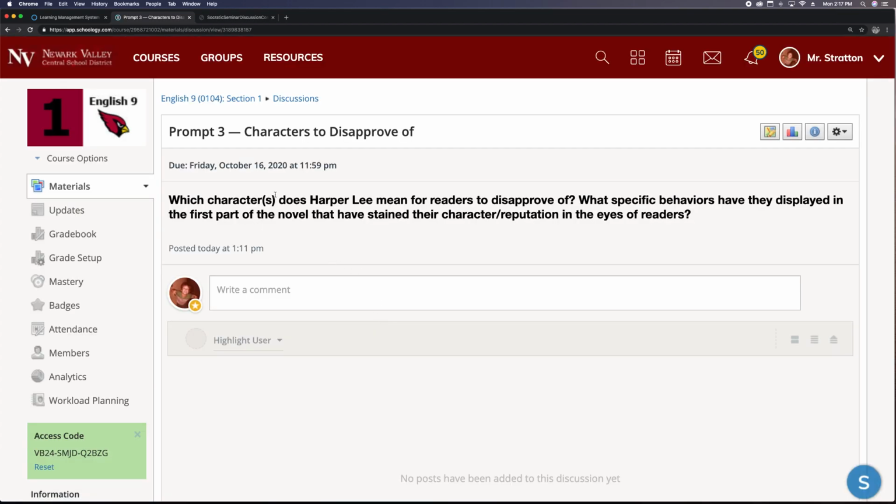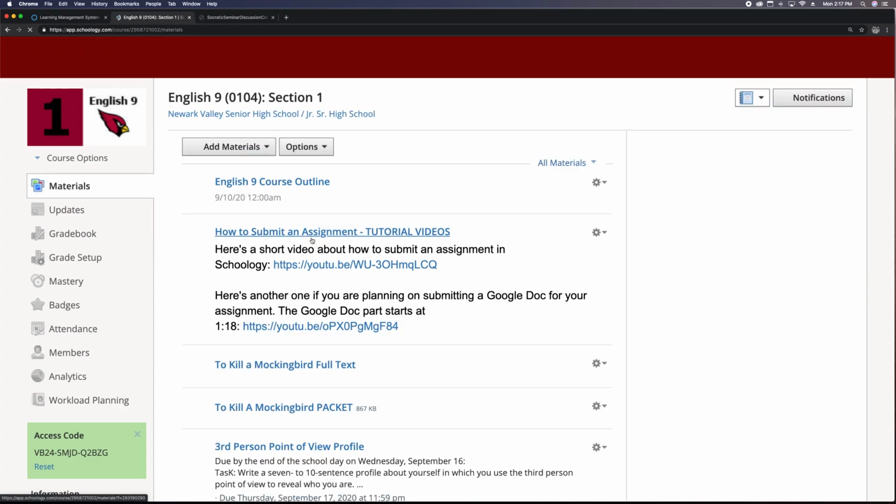It reads, which characters does Harper Lee mean for readers to disapprove of? What specific behaviors have they displayed in the first part of the novel that have stained their character or reputation in the eyes of readers? And again, there's a number of characters to choose from. So those are the 3 prompts.